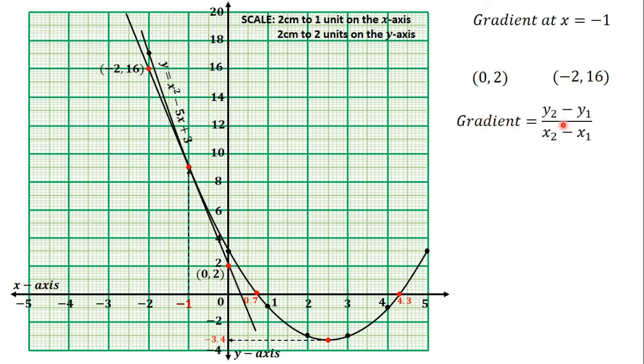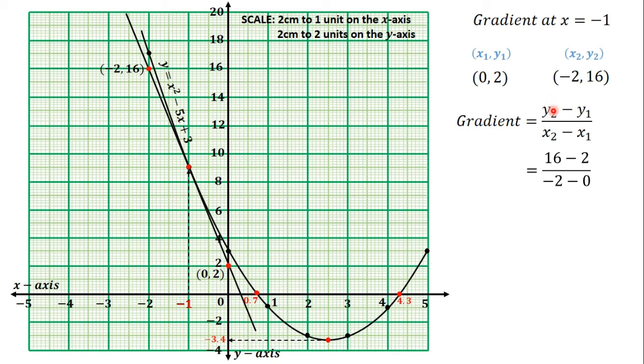Using the formula gradient is equal to y2 minus y1 divided by x2 minus x1, we can find the gradient of the tangent. I'm going to use (0, 2) as my x1, y1. Then I'll use (-2, 16) as my x2, y2. You substitute them into this formula to get the gradient of the tangent at the point x is equal to -1.